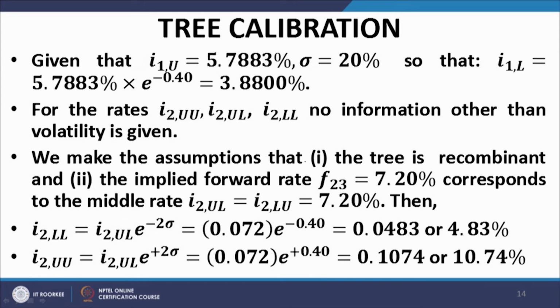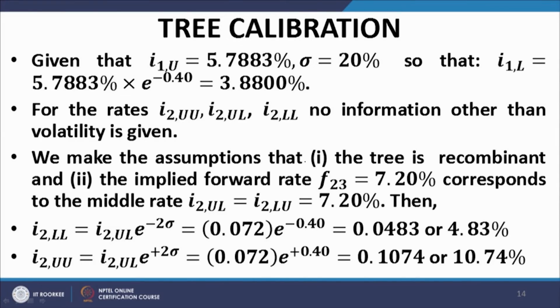Now, we are given one condition: usually the middle rate is taken to be approximately equal to the rate that we arrive at through arbitrage-free pricing or arbitrage-free valuation. That gives us I2UL equal to I2LU, because this is a recombinant tree.